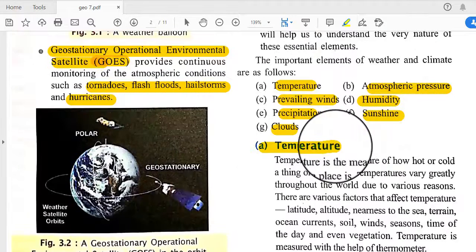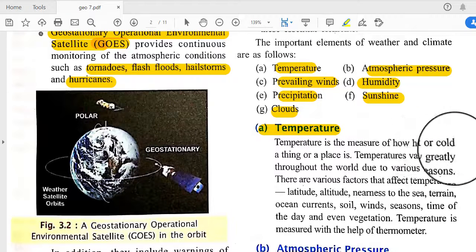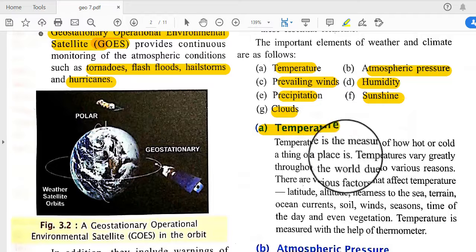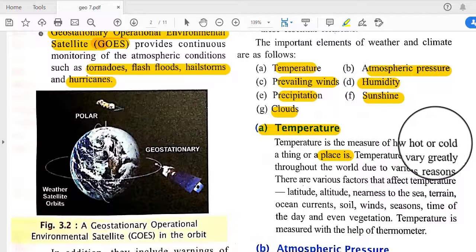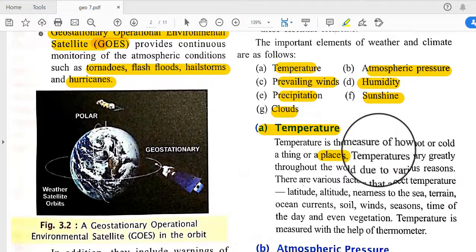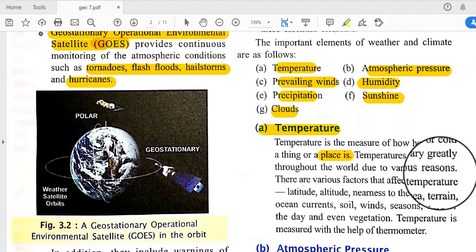So first is temperature. Temperature is the measure of how hot or cold a thing or a place is. So this is denoted as temperature. Temperatures vary greatly throughout the world due to various reasons.